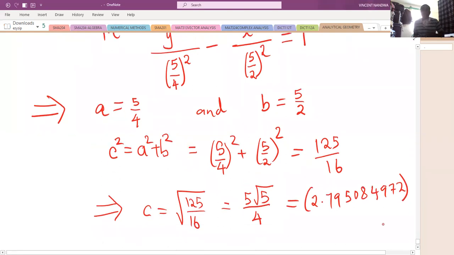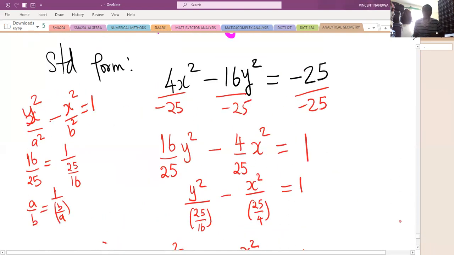So remember, a hyperbola of this form means the center is 0, 0, and the transverse axis is along the y-axis.